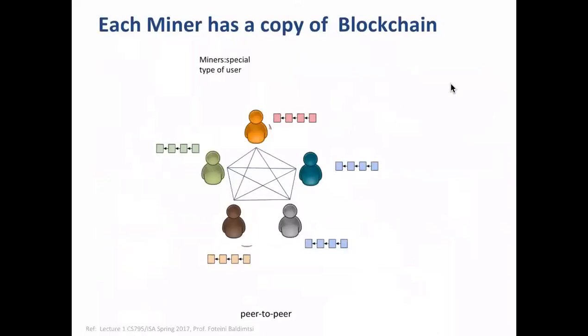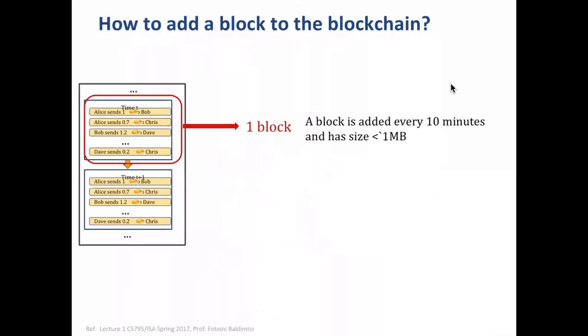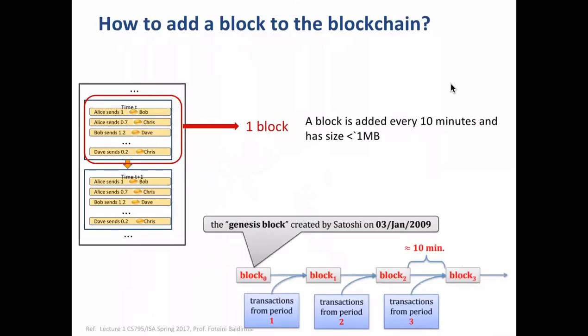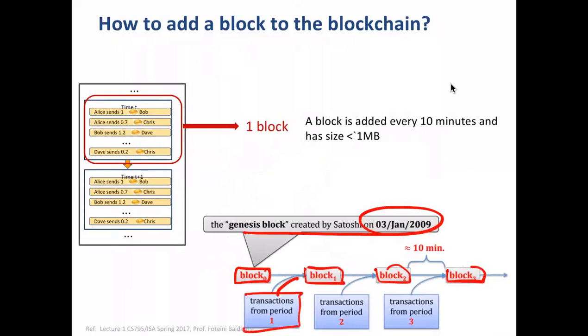Each miner has a copy of the blockchain that we have seen. One block is added every 10 minutes. The first block, block 0, was created by Satoshi in 2009, and subsequent blocks are added every 10 minutes, and each block has a number of transactions.